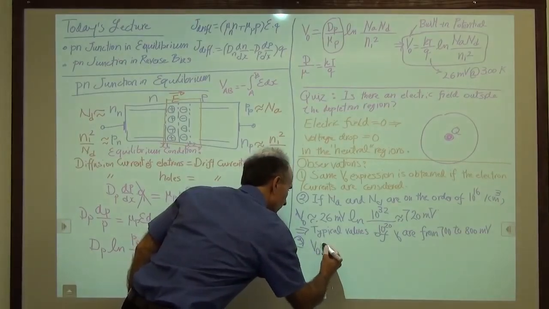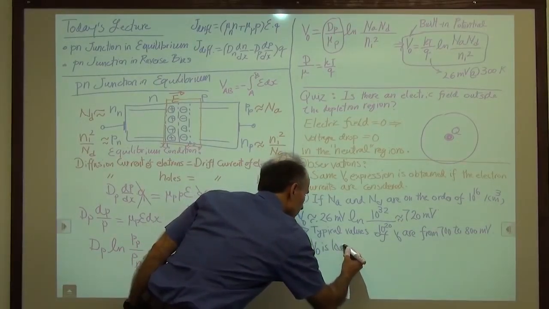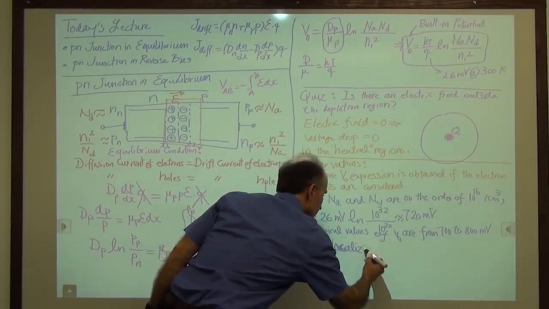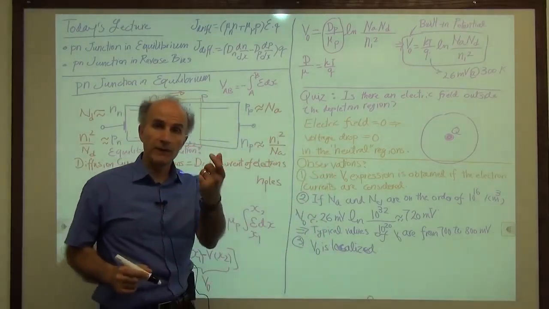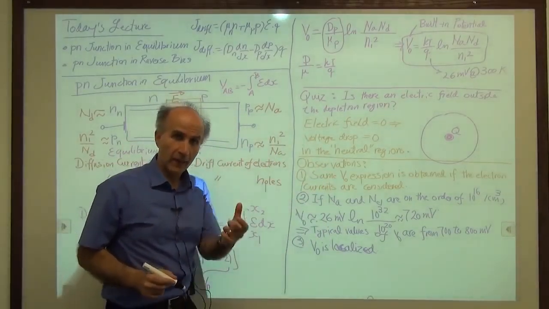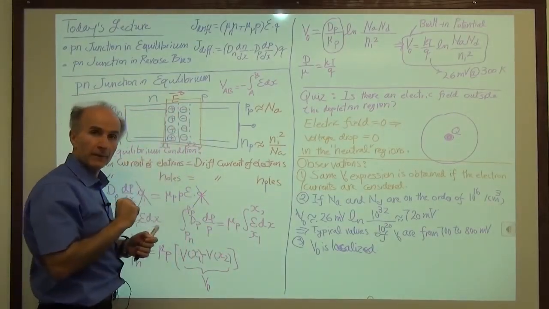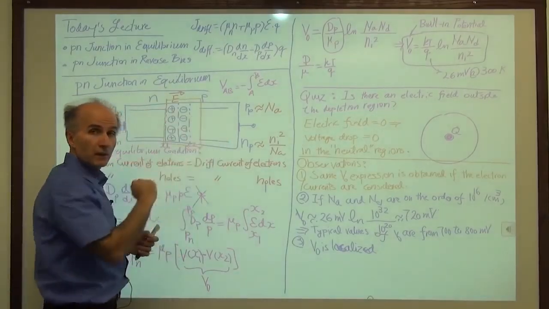V0 is localized. And by that, I mean the V0 that we have calculated exists only from here to here. We do not have any other voltage in these areas, in these regions.